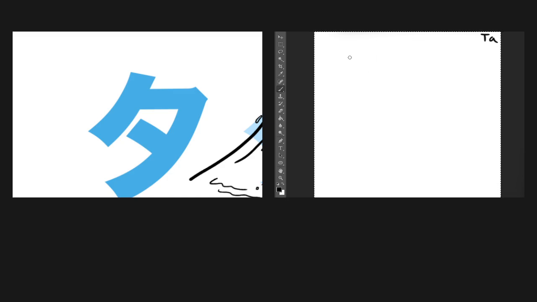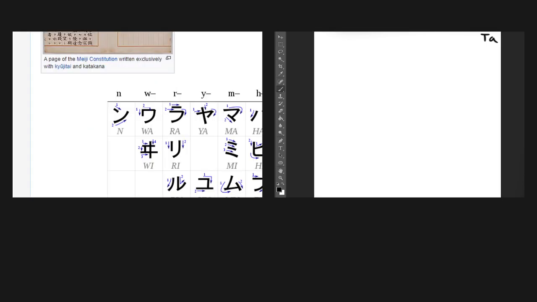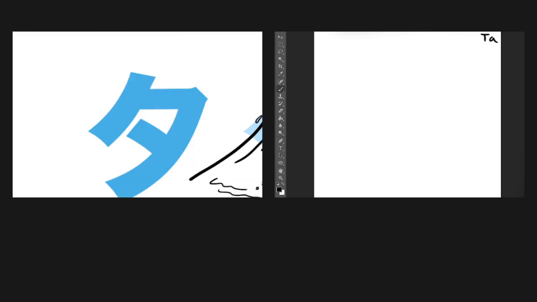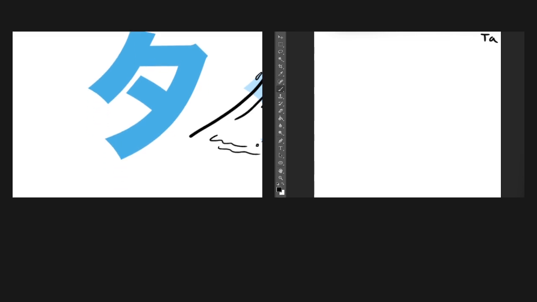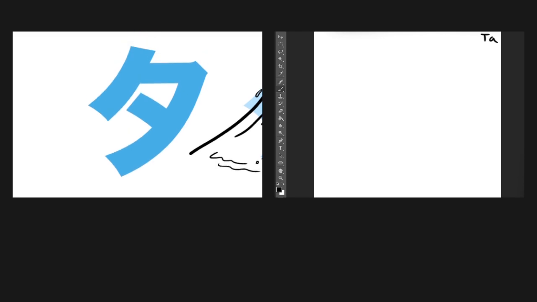What is the stroke order on this? 1, 2, 3. Okay. Let's try to get that centered. So this is 1, 2, 3. Like that?